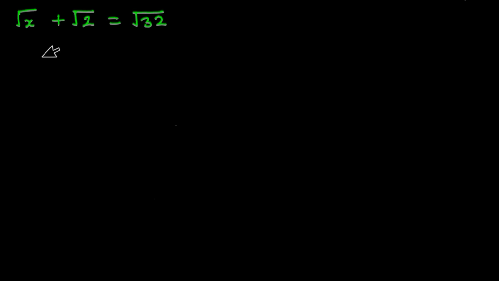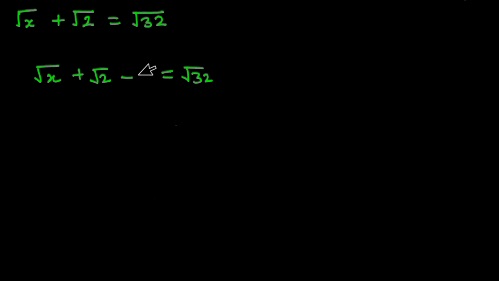First of all, I'll isolate x. So we have square root of x plus square root of 2 is equal to square root of 32. So what I will do is subtract square root of 2 from both sides of the equation.